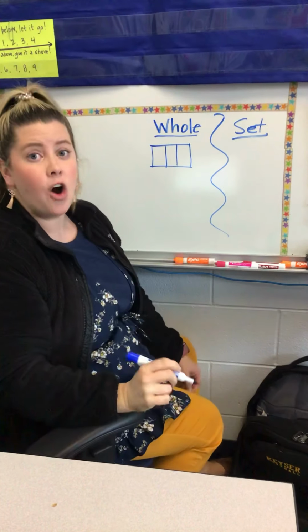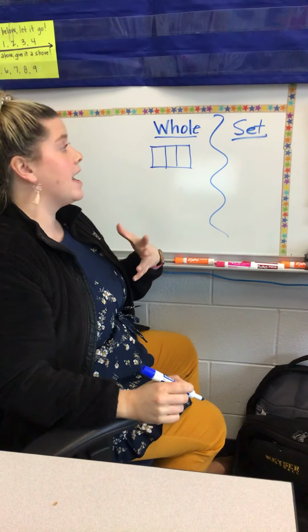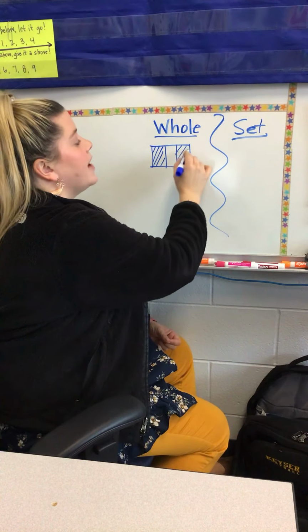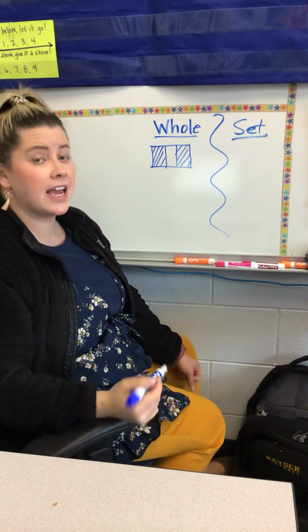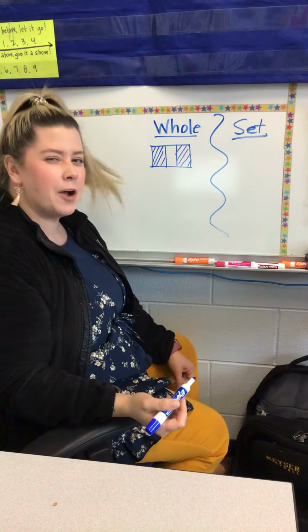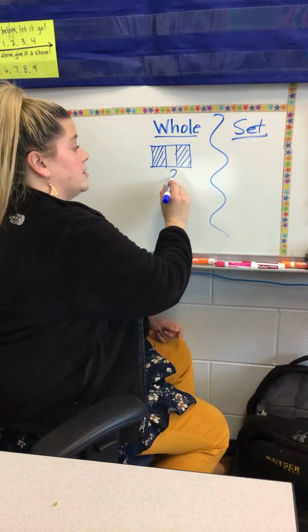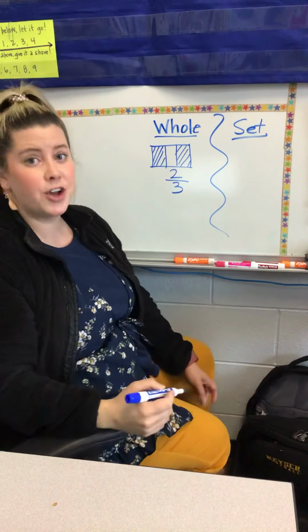I have one whole shape. Remember I said to think of it like a candy bar, okay? And what if I shade that many parts? What fraction of the rectangle is shaded? Can you tell me? Right, it would be 2/3. 2 parts are shaded. There are 3 parts total.